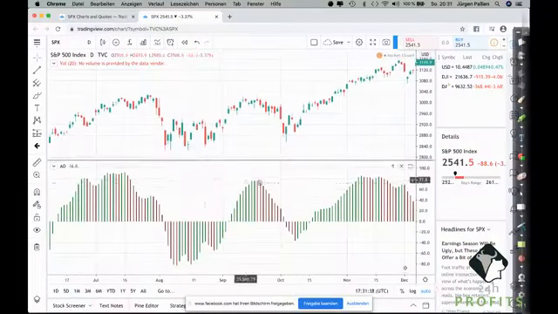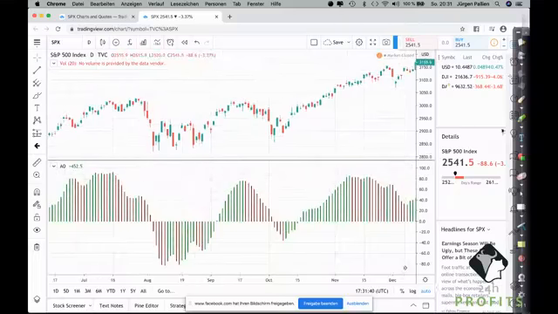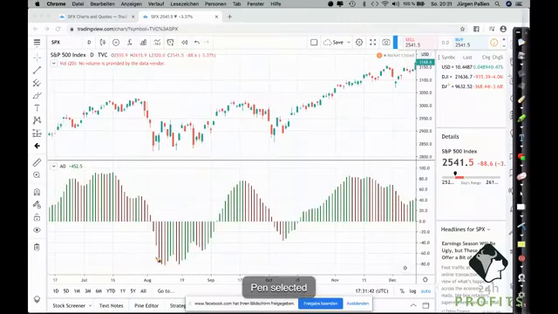Now, if we look here, that's basically even a triple peak if you want, but if you look at this one, we have a double peak here, the bullish version, and we had a red histogram here changing to green.